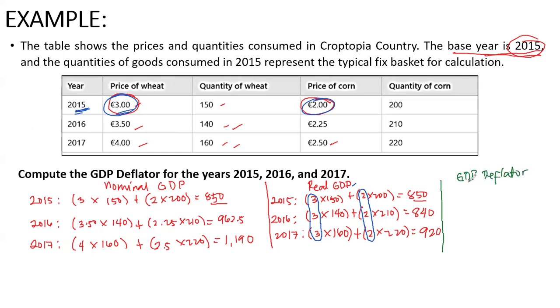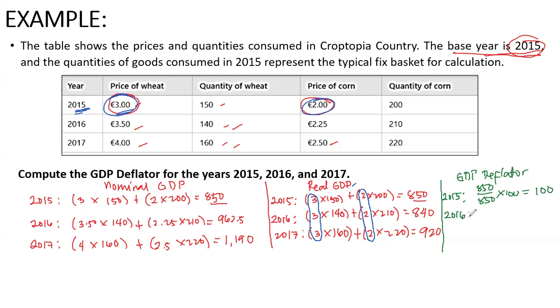In computing the GDP deflator, you simply divide nominal GDP by the real GDP. So in 2015, our GDP deflator is 850 divided by 850 times 100. So we have here 100.